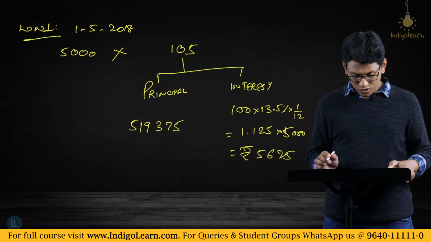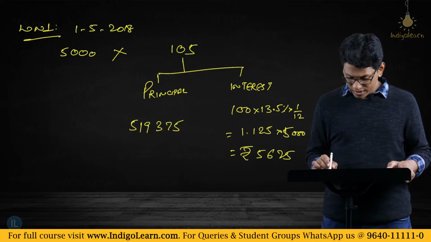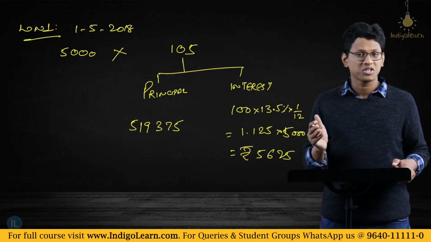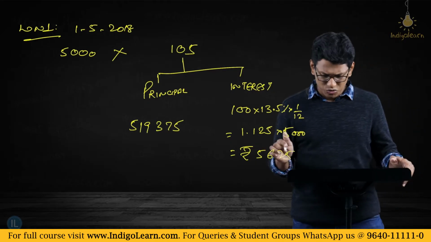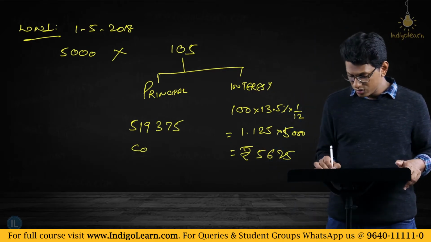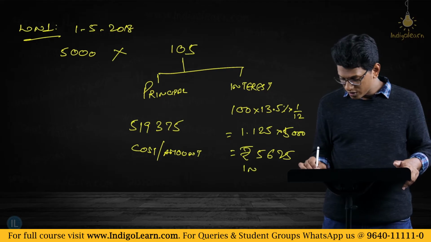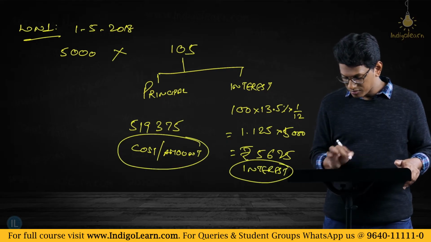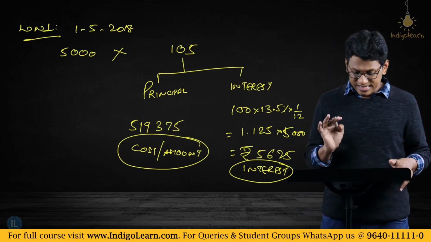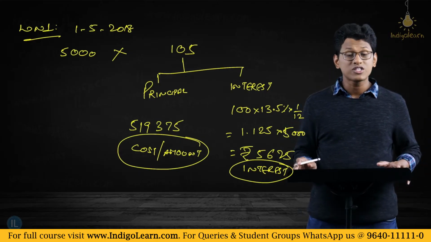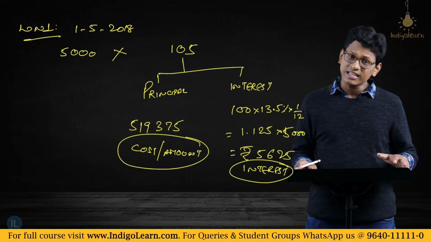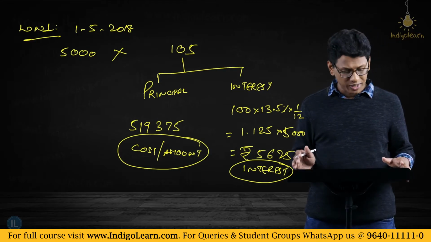Okay. So by doing this, when we start preparing the investment account, this will go into the cost, or we call it amount column. This will go into the interest column. Friends, clear? This is the first working, which is for the investment acquisition on 1st of May. Right.